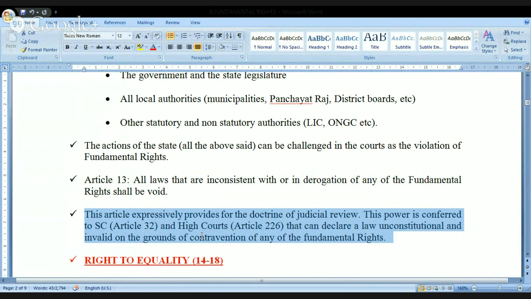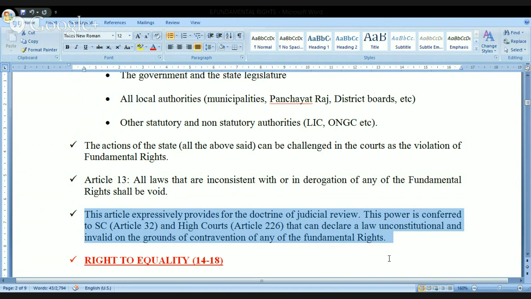This power is conferred on the Supreme Court under article number 32 and the High Courts under article number 226. And they can declare a law unconstitutional and invalid on the grounds of contravention of any of the fundamental rights. This is important for us.